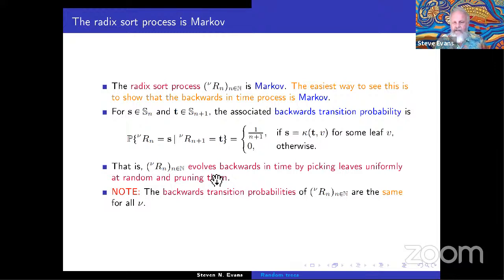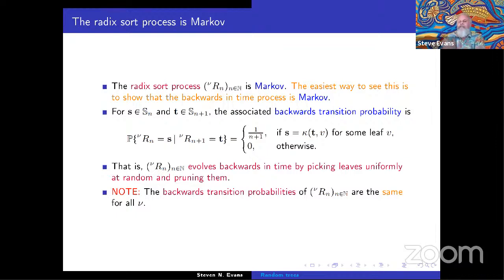And of course this is what you'd expect from the symmetry inherent in this, because of the IID nature of the inputs, the leaf that's going to be picked is just going to be uniformly picked from the various leaves.